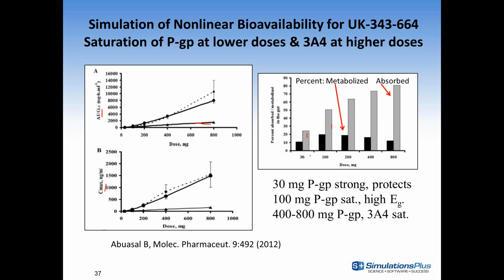So at very low doses, where the concentration in the intracellular enterocyte compartment is below the Km for both PGP and 3A4, we see a strong effect of PGP, because if you're below that Km, then PGP is able to do a lot of efflux, and we end up with a very low fraction absorbed. We also, at that point, end up with a low level of metabolism.